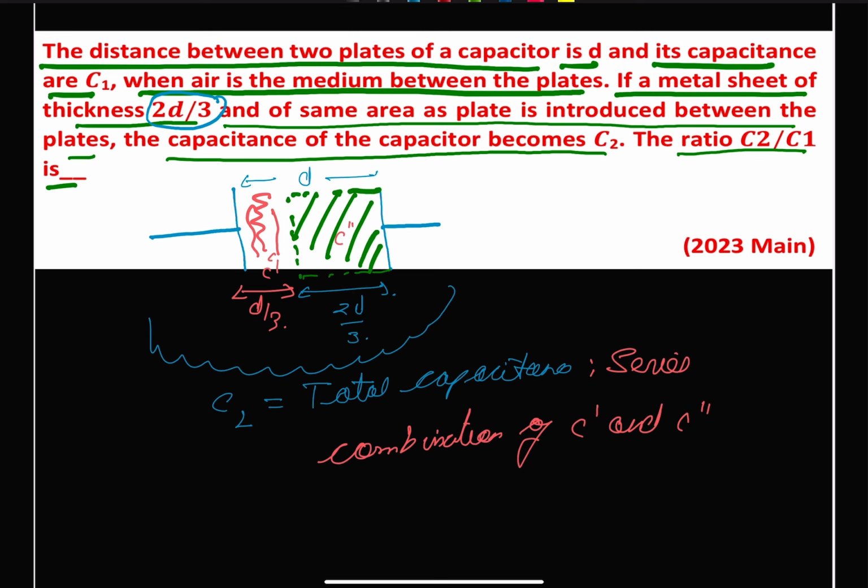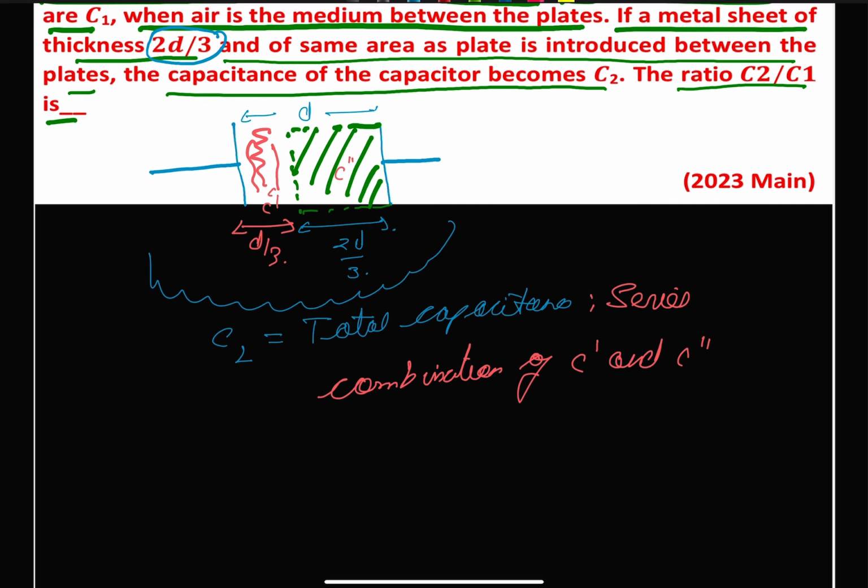So we can easily find our C prime. Our C prime is with respect to our air, and this comes as, one second.